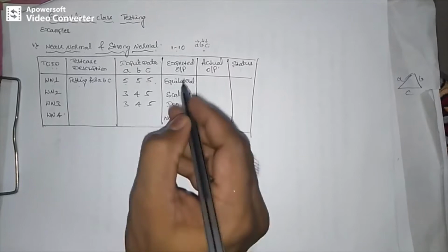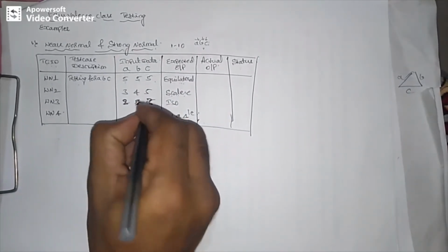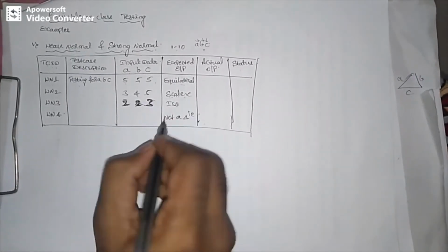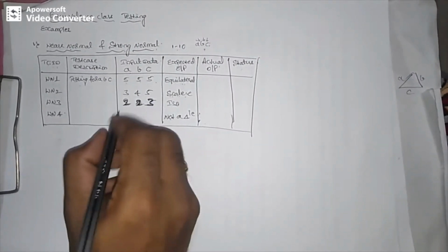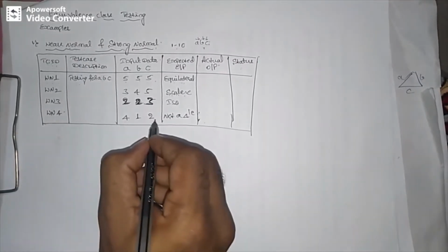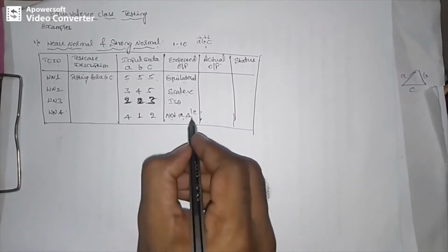If I specify 2, 2, 3, then I can generate the output result isosceles. Then for not a triangle, if you specify values like 4, 1, 2, you can generate the expected output result, not a triangle.